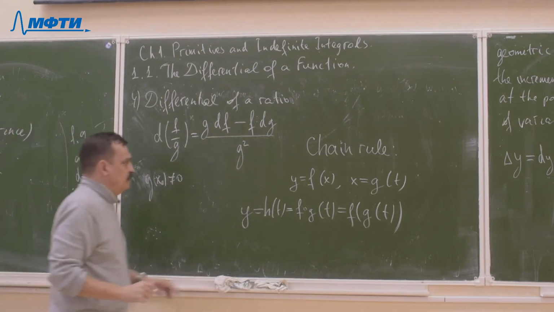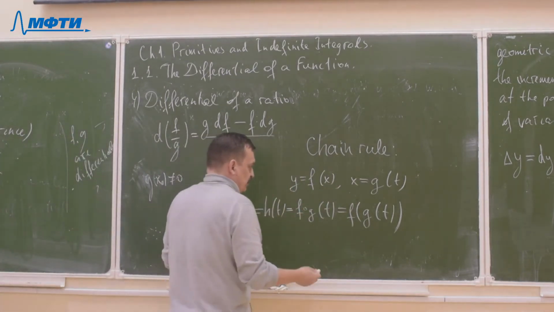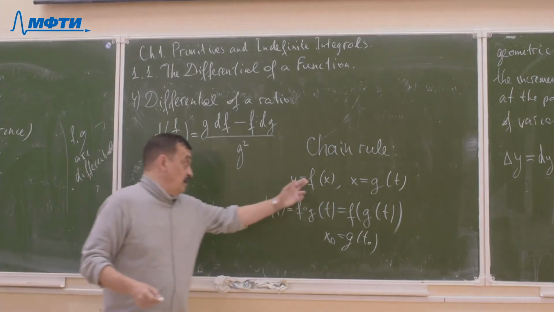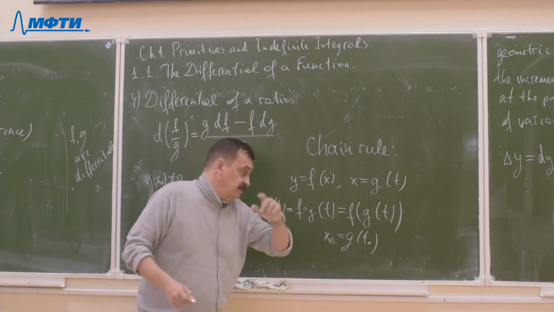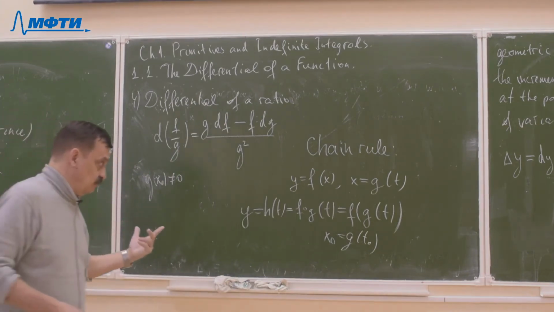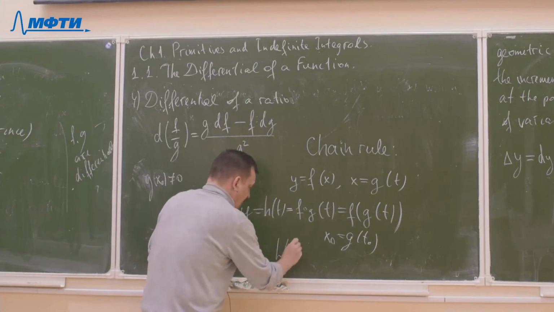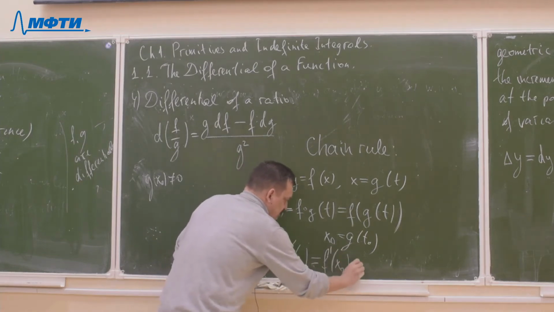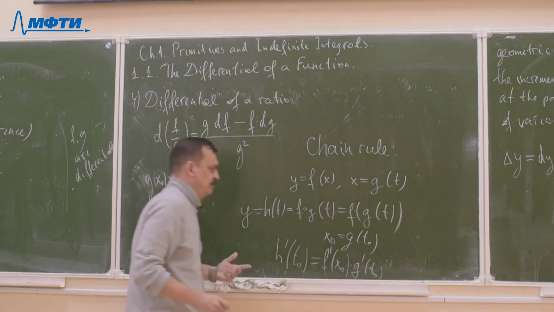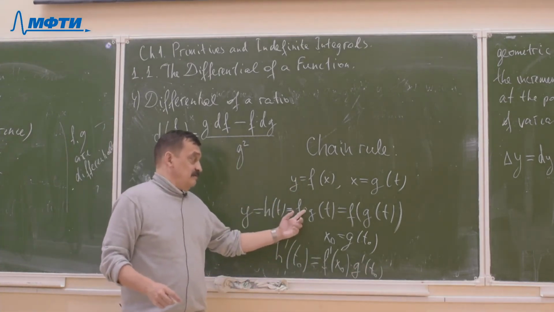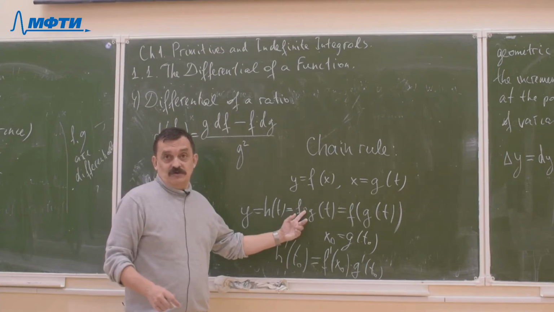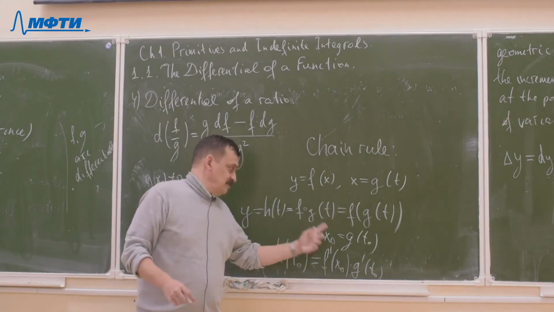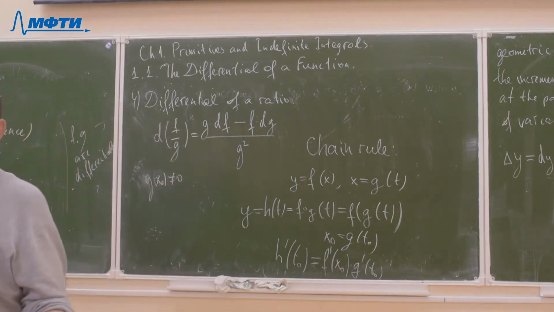And if both functions are differentiable at related points, I mean x naught is g of t naught, f is differentiable at x naught, g is differentiable at t naught, then the chain rule says that h prime at t naught equals f prime at x naught times g prime at t naught, right? So you see the sign of composition, the small circle, transforms into the usual product when we consider the derivative. That is the chain rule.